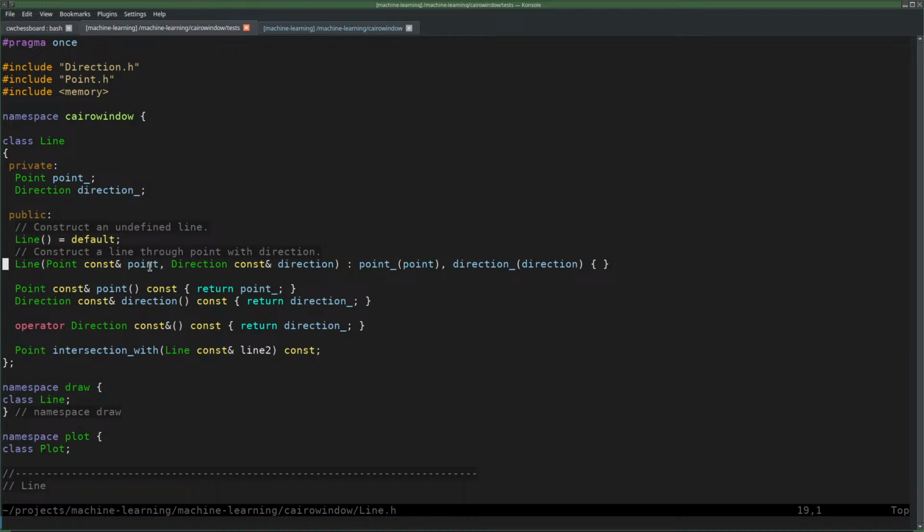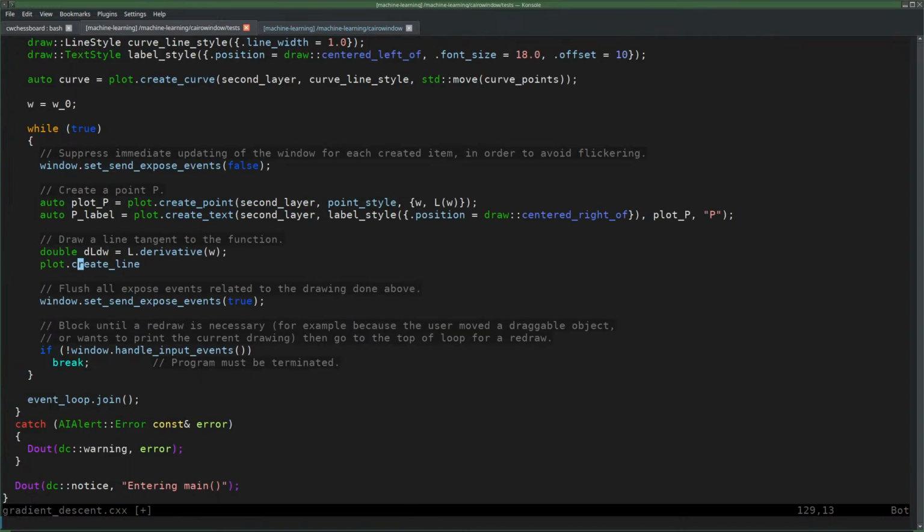So a line through a point in a direction. So the point is clear, and the direction still needs to be calculated then. So have to pass a layer.